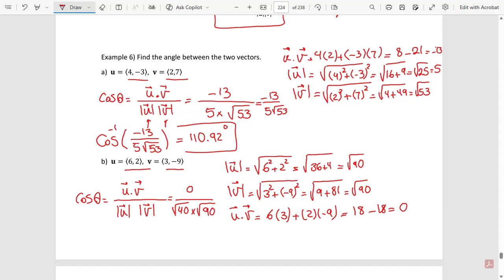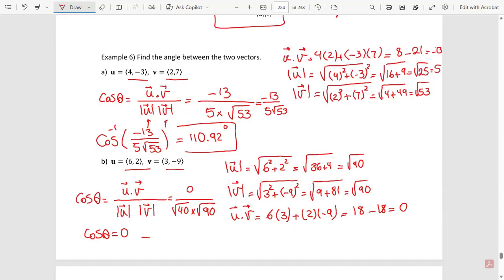Do I need to multiply square root of 40 by square root of 90 or simplify the radicals? We can, but we know that in fractions, if the numerator is 0, no matter what is in the denominator, the whole fraction is 0. That means the cosine of the angle between u and v is 0.